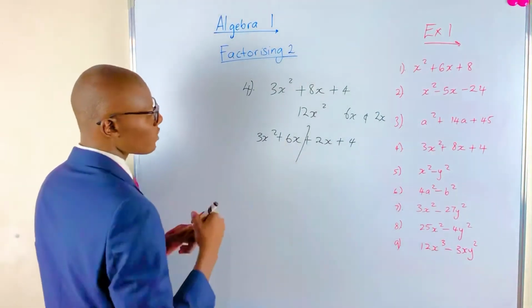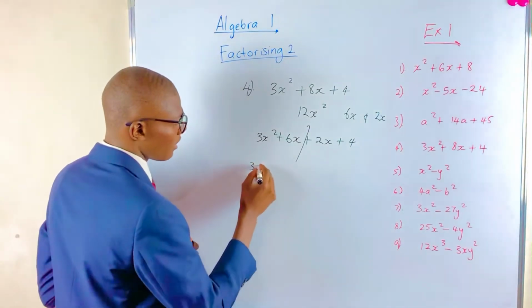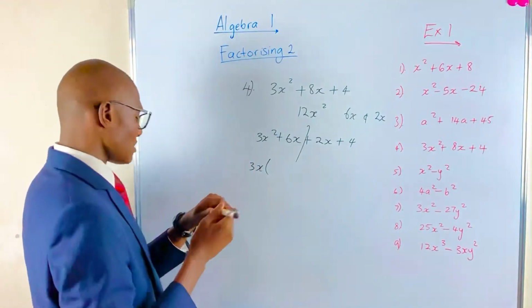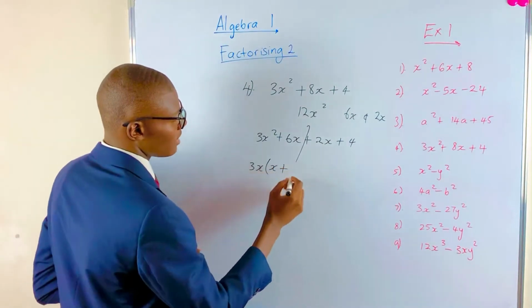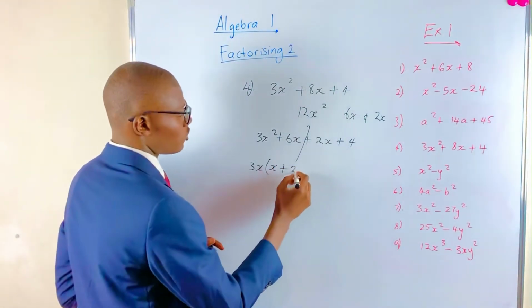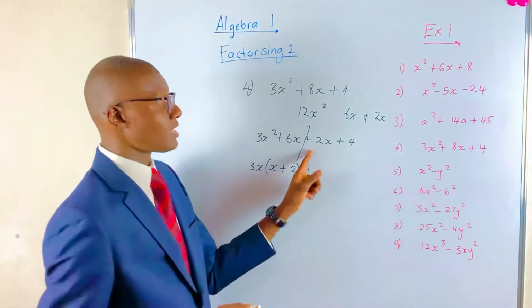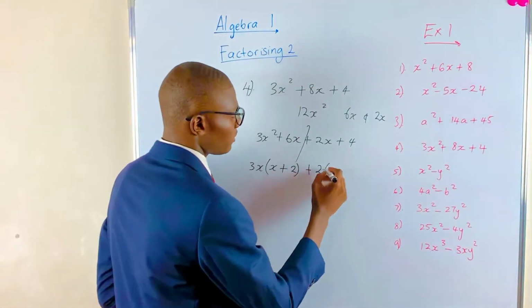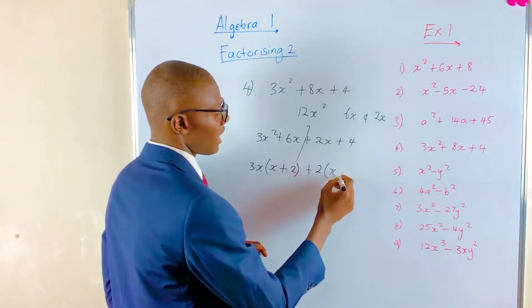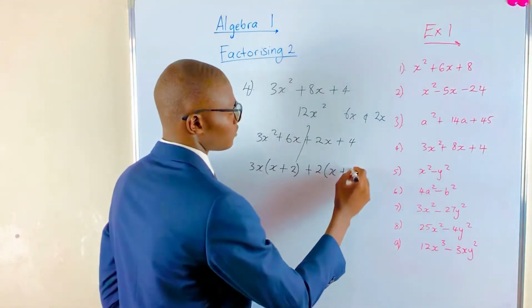For this one, we see 3x is common. Factoring out 3x, 3x into 3x squared we get an x, plus 3x into 6x we get a 2. Then you put the plus sign that is there. For 2x plus 4, we see that 2 is common. So 2 into 2x we get an x, then 2 into 4 we get a plus 2.